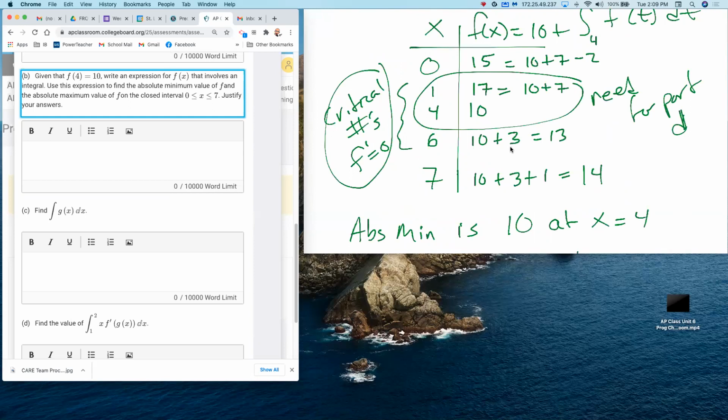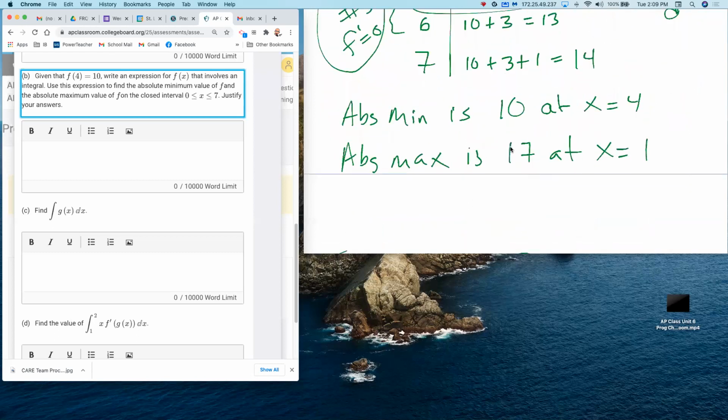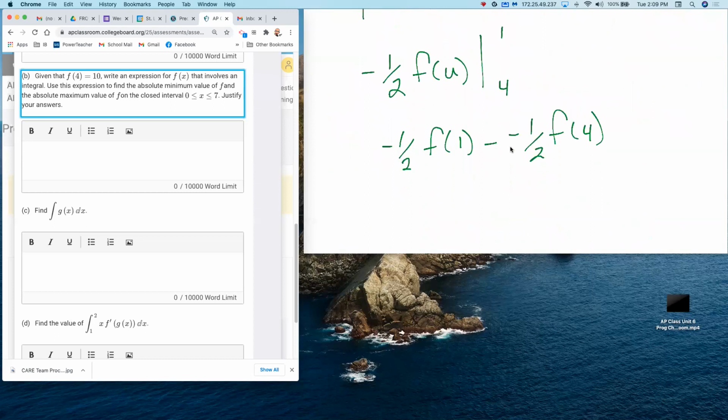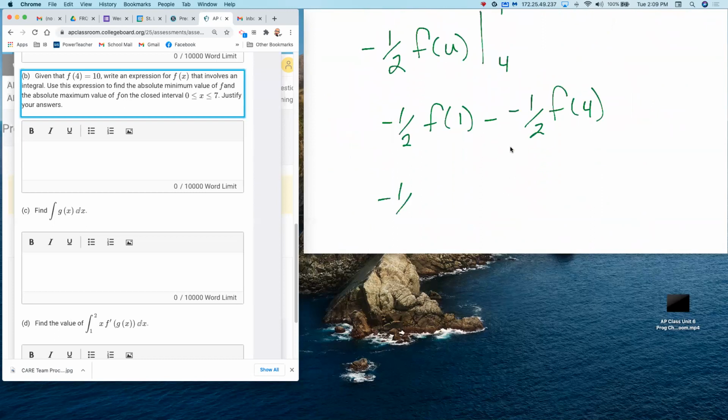Because f of 1 is equal to 17, f of 4 is equal to 10. So what we'd have down here is we would have negative 1/2 times 17 plus 1/2 times 10. What do you think you should do with that?